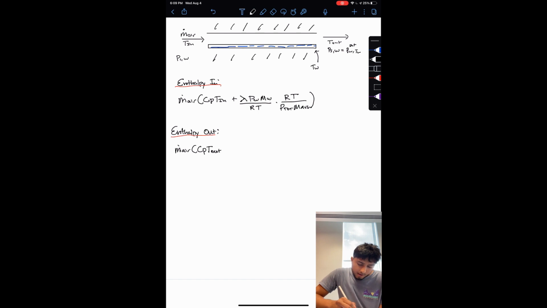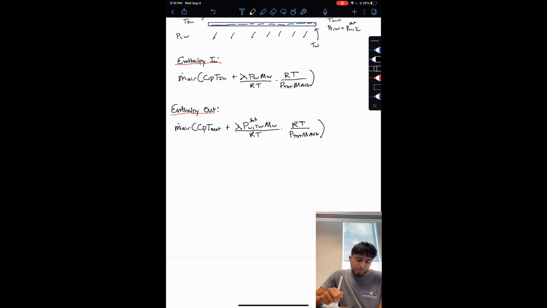So we're going to add that to the heat of vaporization multiplied by the saturation pressure of the water at the temperature of water multiplied by the molecular weight over the gas constant times temperature, gas constant times temperature over the P total, and the molecular weight average.